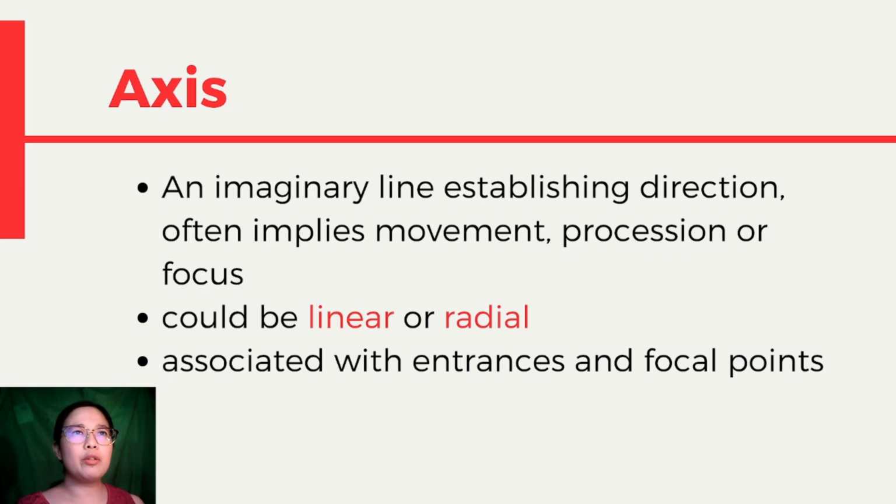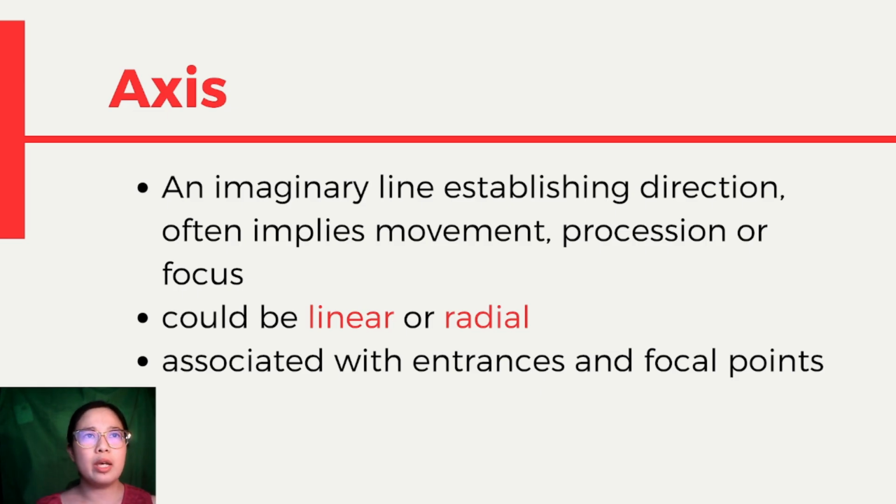It could either be the center or not the center. Hindi ibig sabihin na axis kailangan nasa pinakagitna. Although most of the time it's a center line and then two sides are mirrored. It could either be linear or radial. We will see later in the examples.